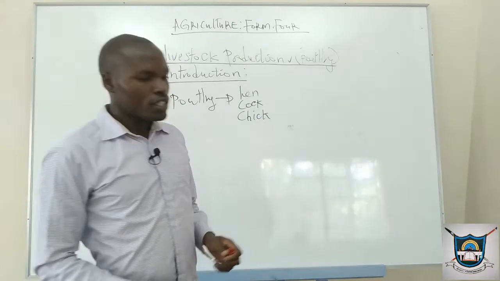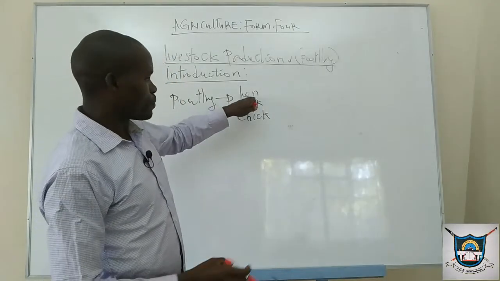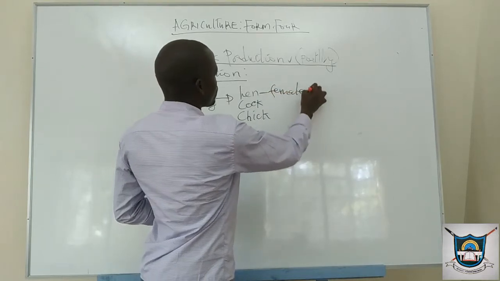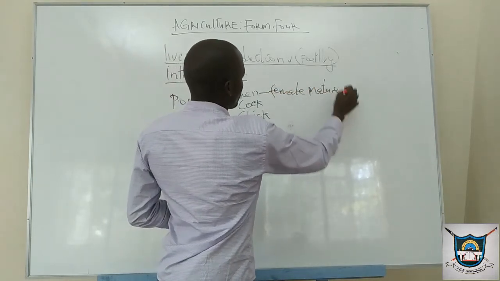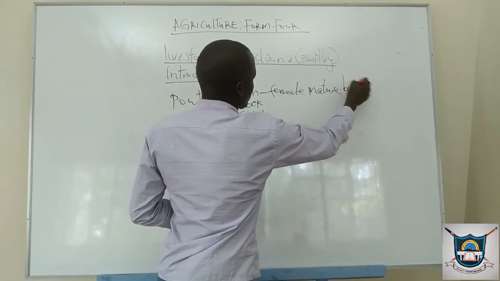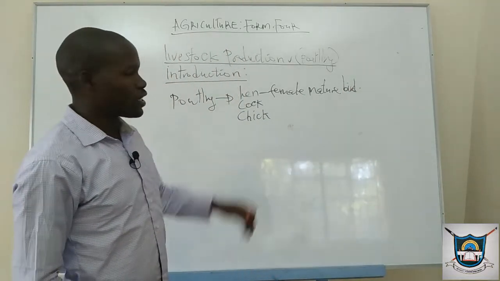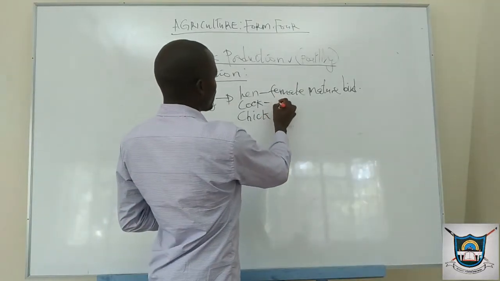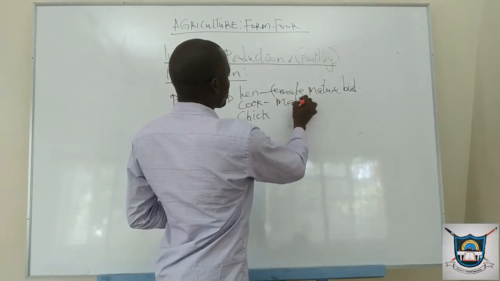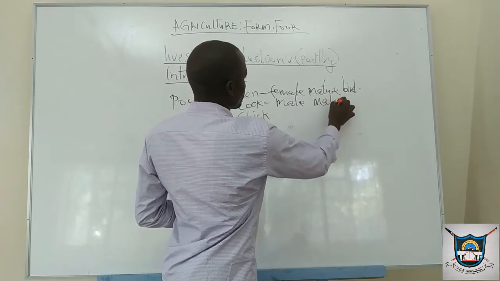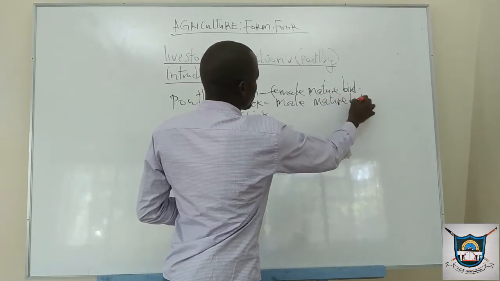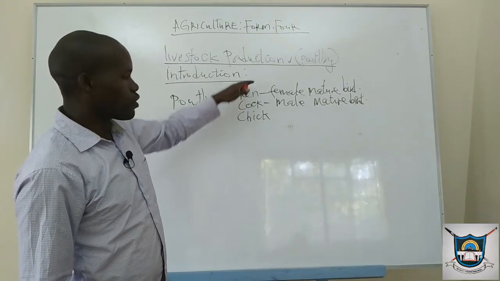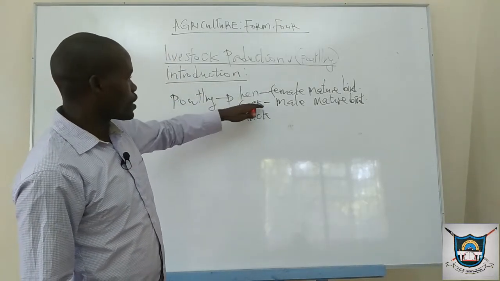In Form 1, we defined a hen as a female mature bird. Again, we defined a cock as a male mature bird, that is the opposite of a hen.